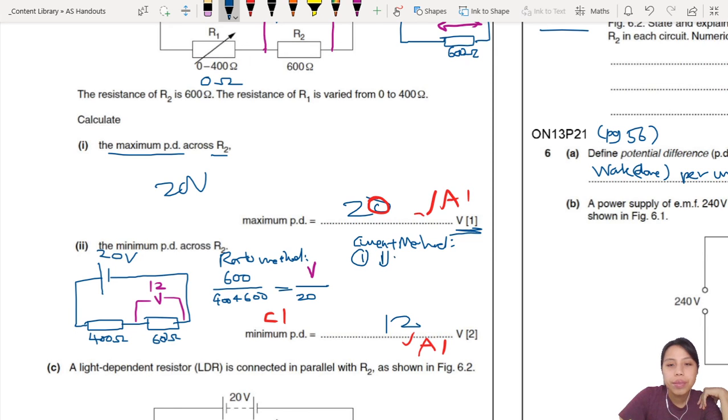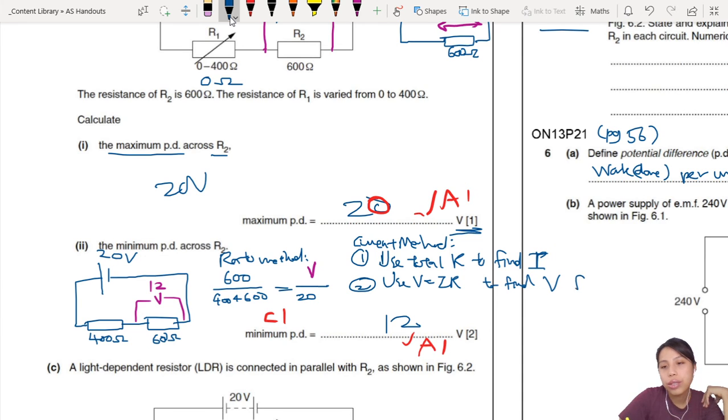First, use total resistance to find the current I. And then after that, you use V equals IR to find V for R2, because the current will flow through like that. You know current, you know ohm, you can find V. Both methods work. Make sure you know how to use both.